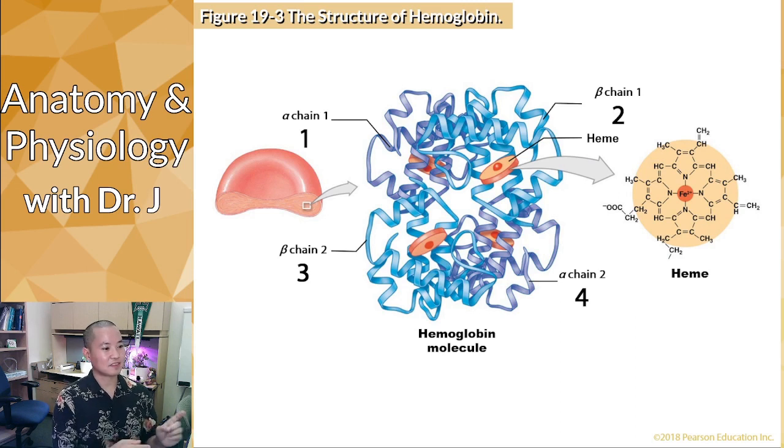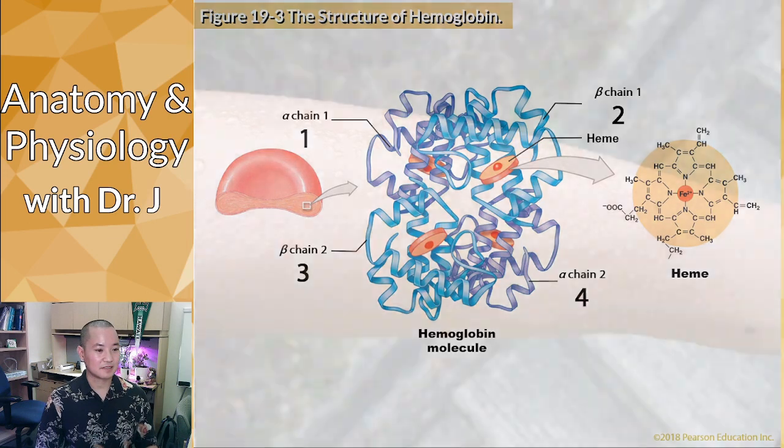If the tip of your finger doesn't have any blood flow to it, the cells are not going to have any oxygen or nutrients. So if you're exposed to the cold for too long, you might start to lose the cells here, and if it gets bad enough, you might have to amputate that part where all the cells have died. So this is why hemoglobin is also part of skin color as well.